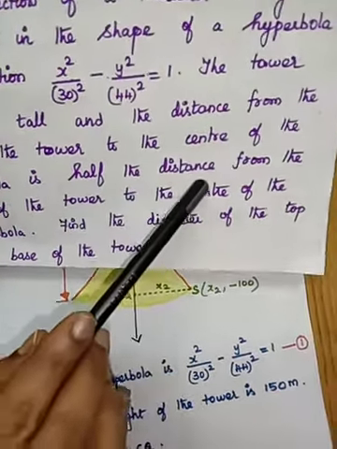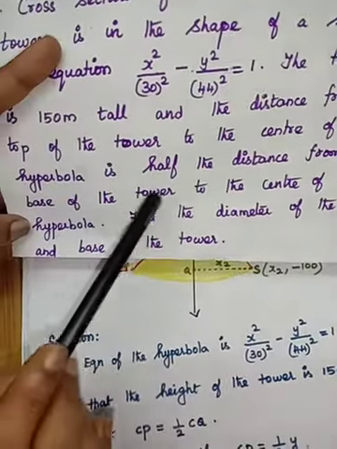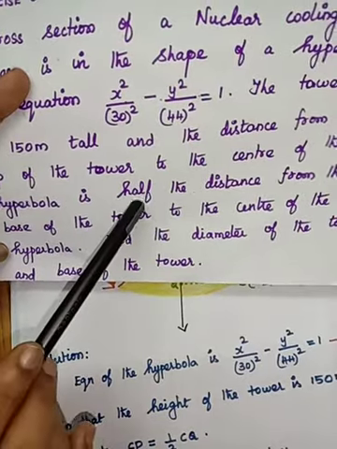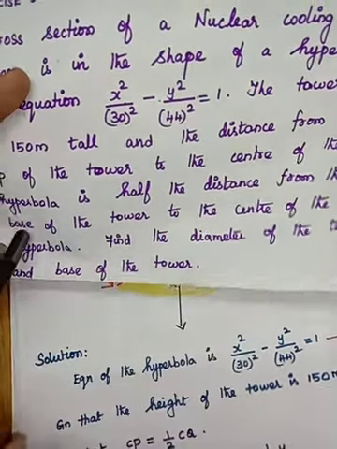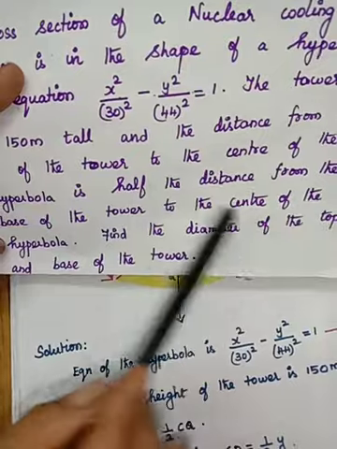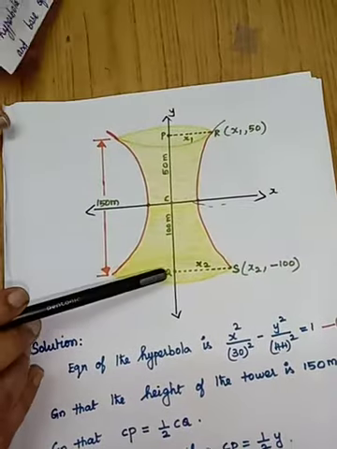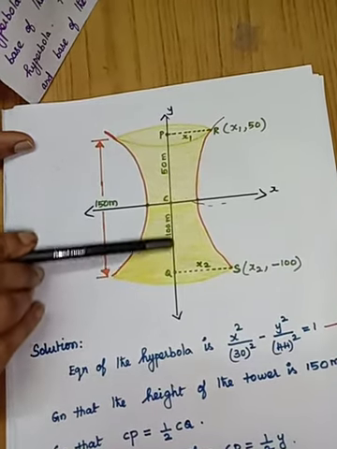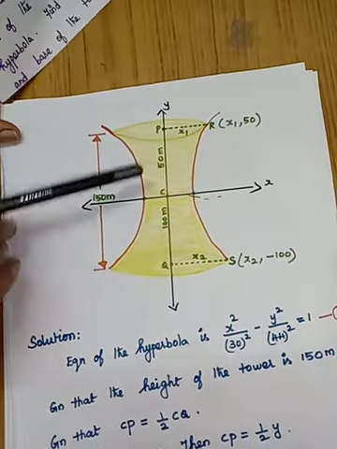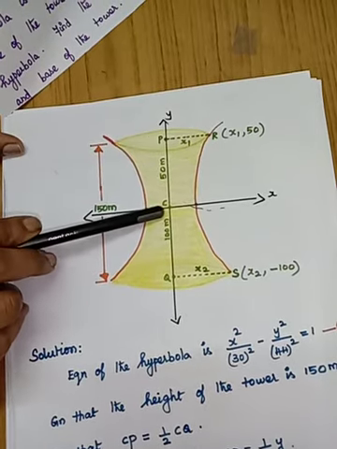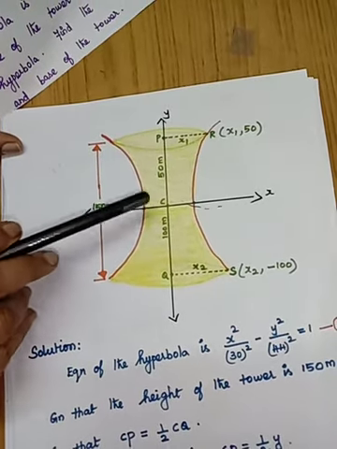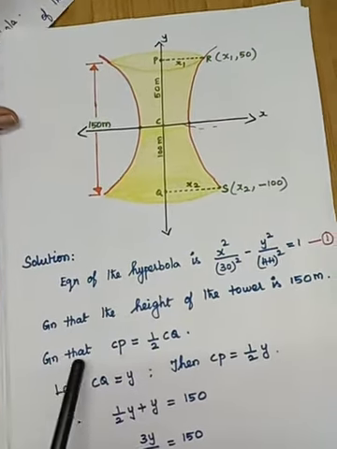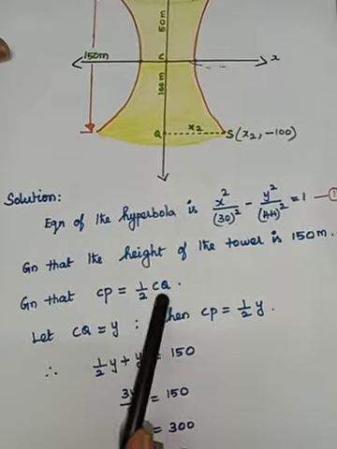Half the distance from the base of the tower to the center of the hyperbola. So this is the base of the tower, Q. So the distance CQ, what is given? CP is equal to half of CQ.